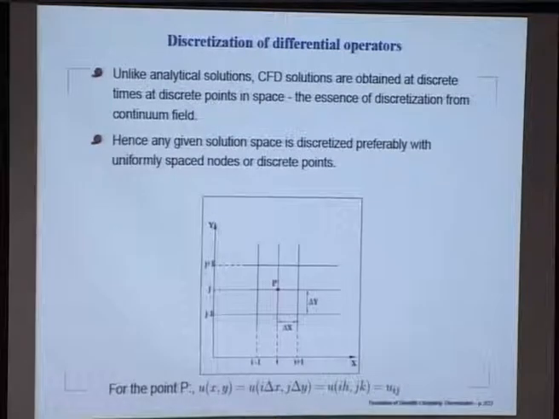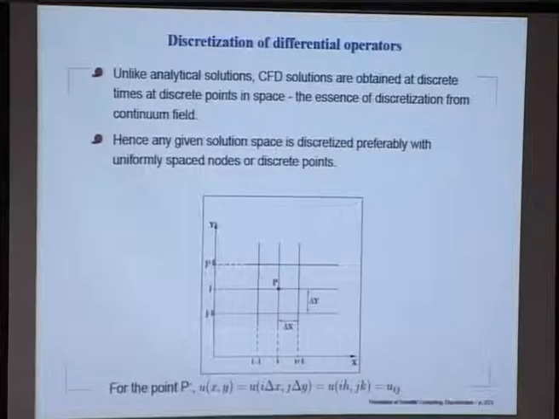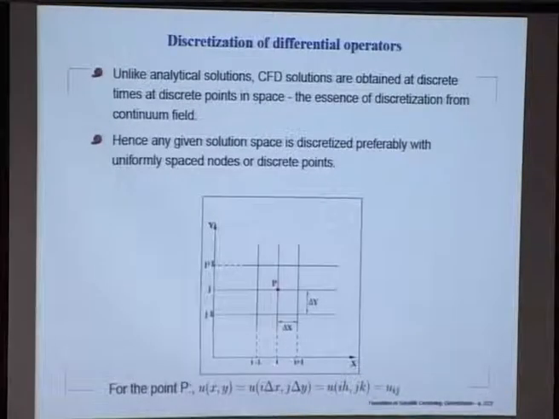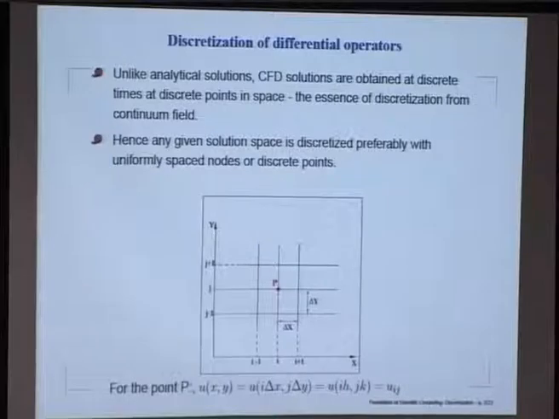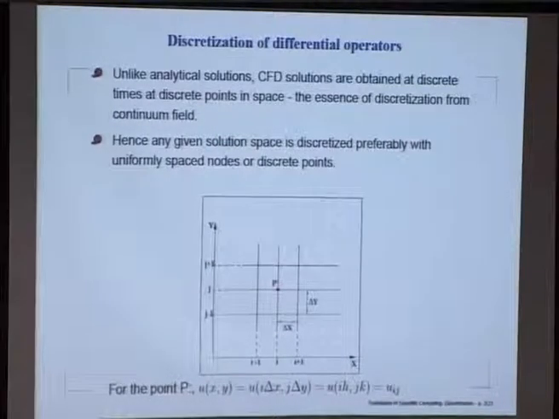Let us say in the xy plane, we divide the domain into equispaced nodes. I have shown you some typical points: the i minus 1 line, the ith line and the i plus 1th line. In the same way, I have shown you 3 such lines in the y direction: j minus 1, j and j plus 1th line, and P is at the confluence of the ith and jth line.